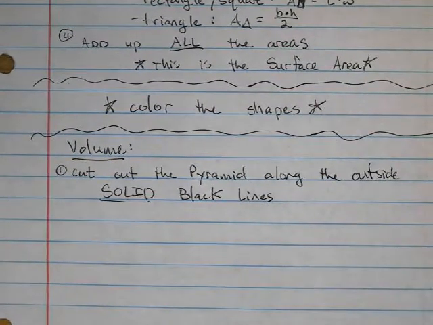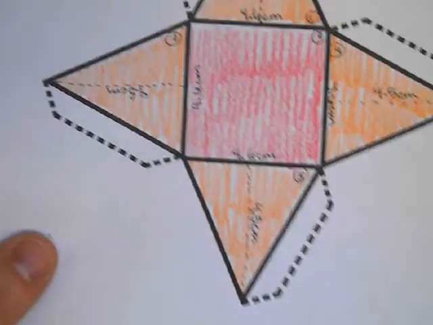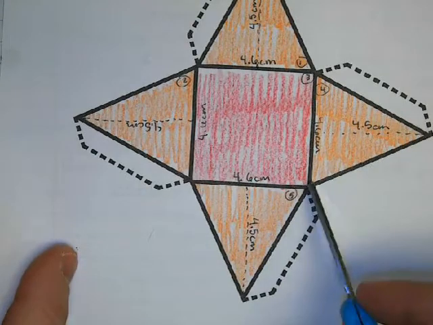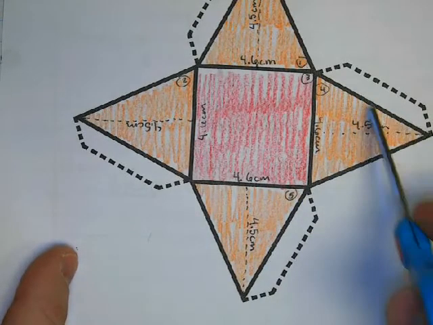We're not going to cut across the dash lines, and we're going to make sure we stay on the outside of the pyramid. So we're going to cut along the outside and be cutting on the solid lines.